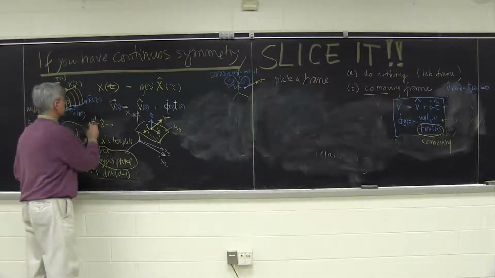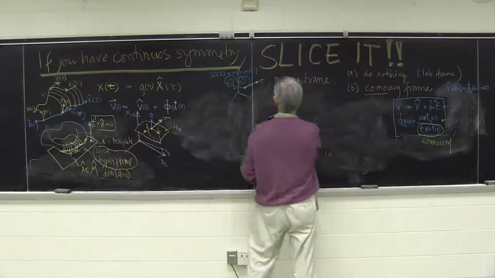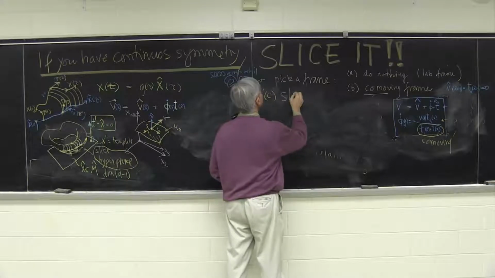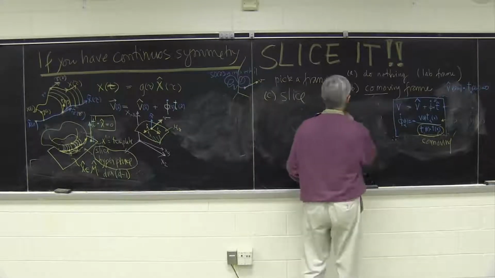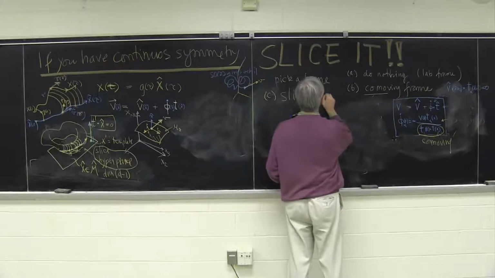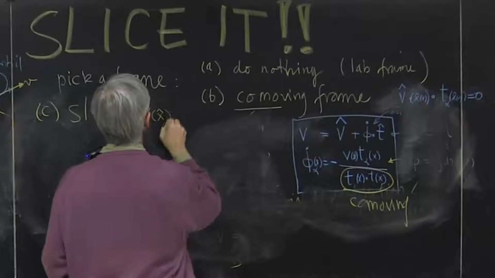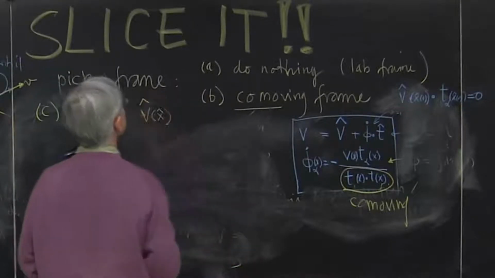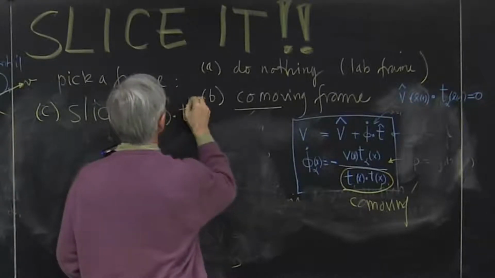So now I have this condition. And now I can write the slice condition, that the velocity at any point in the hyperplane dotted with this one fixed point.